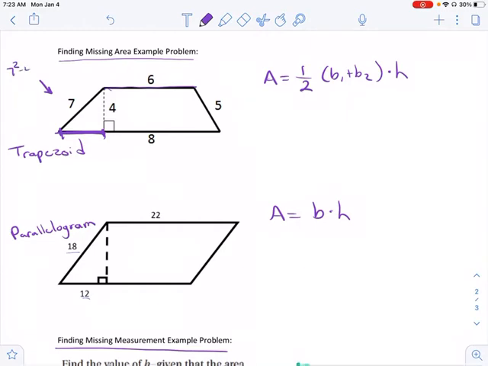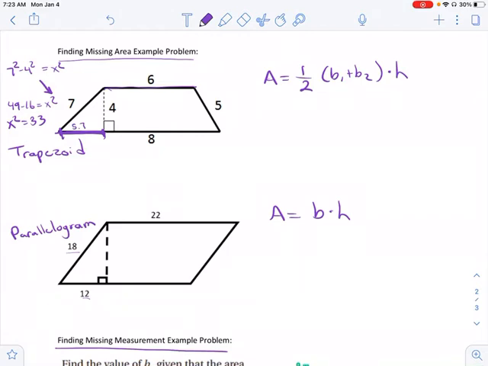So that's 7 squared minus 4 squared equals x squared. 49 minus 16 equals x squared. So let's do that. So x squared equals 33. And I'm on my phone, so let's see. Square root. So I'm just going to treat this as 5.7 here. Okay.